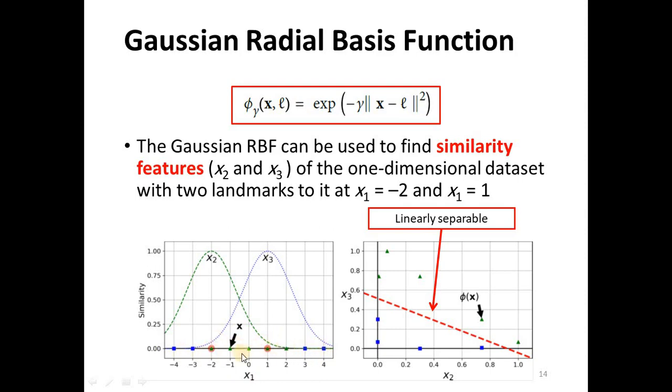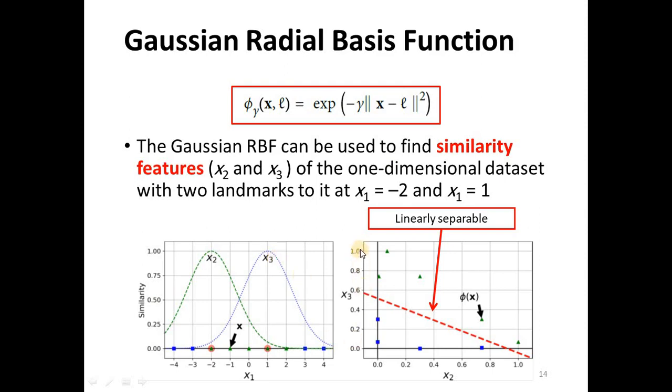It's hard to classify linearly, because the green comes between the blue. We can transform x1 into x2 and x3 using RBF, with the landmarks -2 and 1 used here to get these two features.